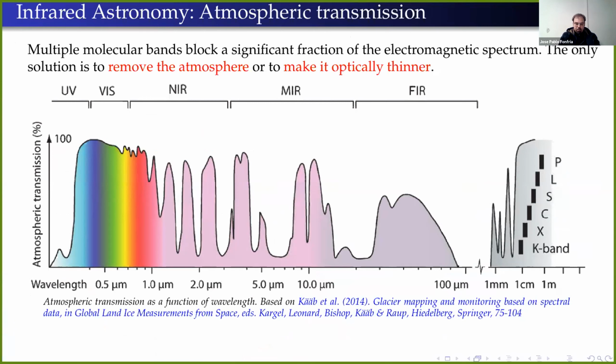The spectral ranges that are unavailable can be partially explored with SOFIA, which flies at an altitude of about 35,000 feet, where the atmosphere is optically much thinner.